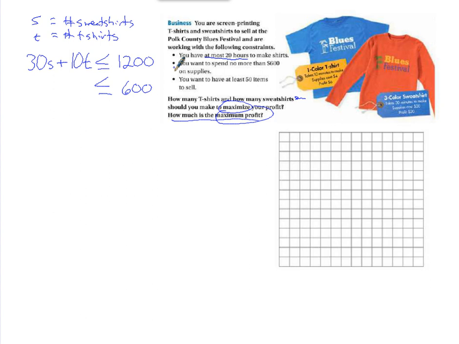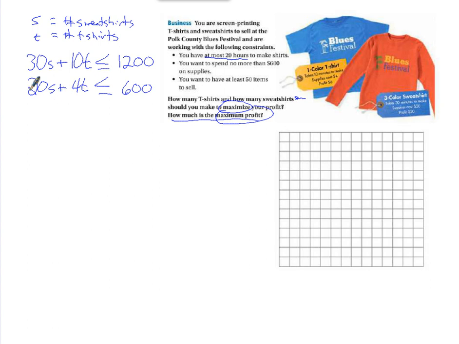This is supplies. Supplies cost $4 for the t-shirt and $20 for the sweatshirt. So I'm going to write 20S plus 4T has to be less than or equal to 600.